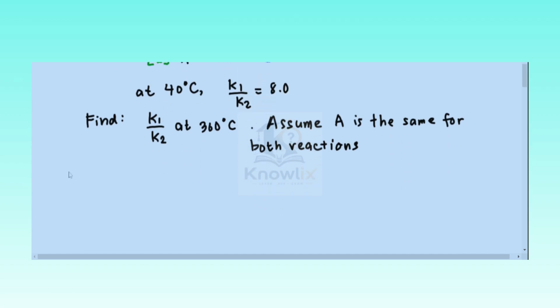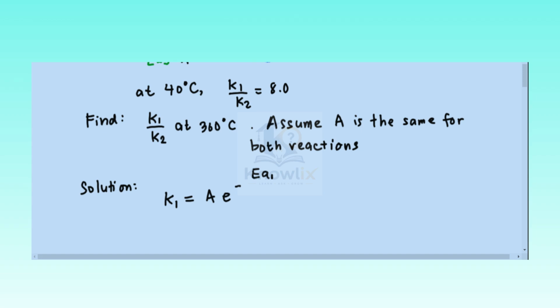So we will start by establishing the k1 and k2 equations. We will simply have k1 equals A. We may have it as A1, but since for both reactions 1 and 2 it's the same A, we will just generalize it as A. Then e to the negative Ea1 over RT.